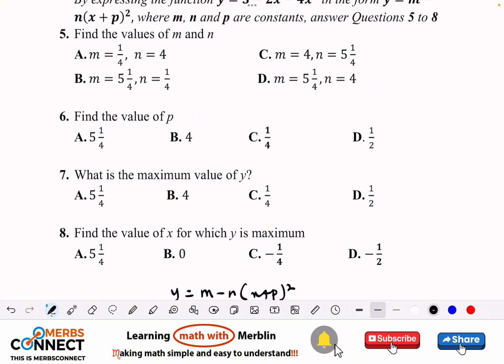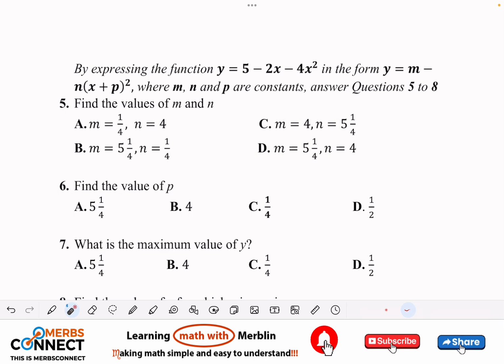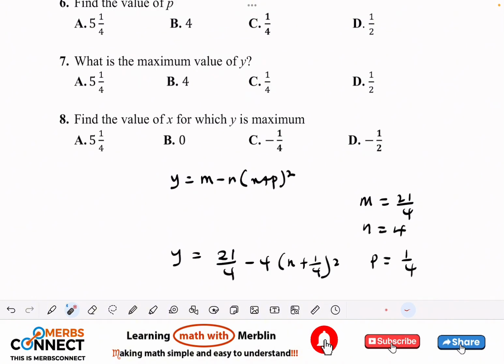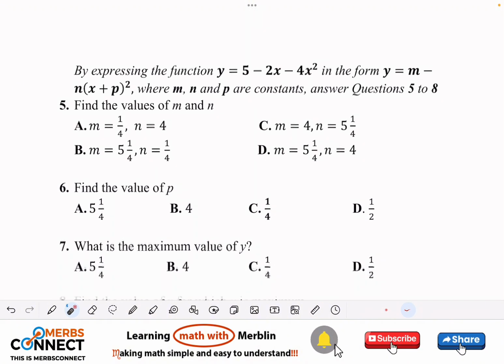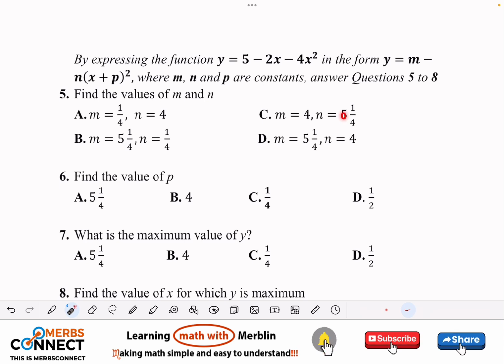So now let's look for what the question is looking for. The question is we should find m and n. So what did we get for m? M is 21 over 4. Okay, I think they did it in the whole number. So 5 times 4 is 20, 20 plus this will be 21 over 4.